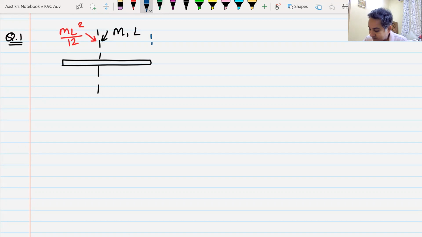Now if I make this blue axis, you can see it is parallel to this.